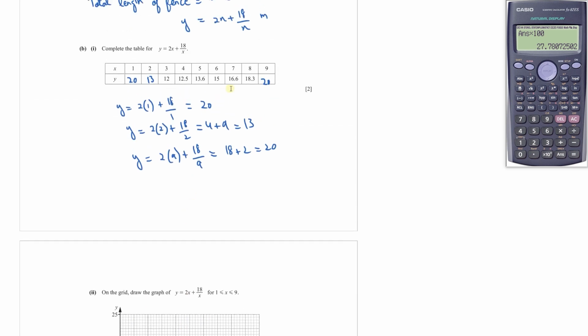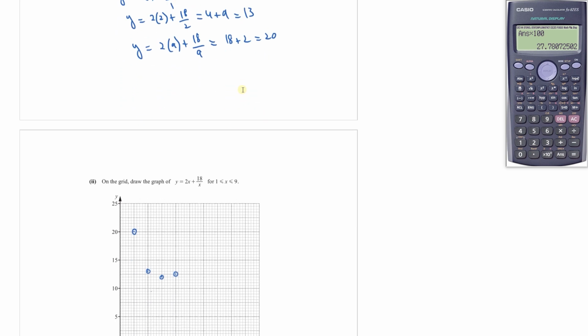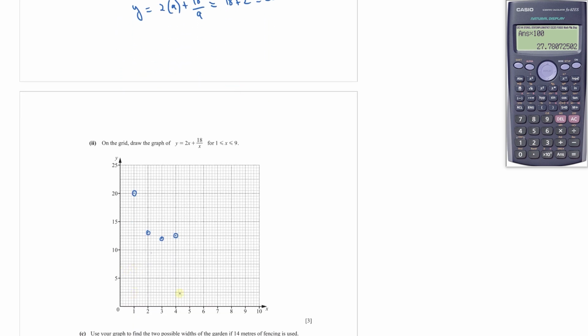Then you have 5 and 13.6. So 5 is here, 15, 14, 13, and 13.5, and 13.6 will be just above this 13.5 value here. So this is 5 and 13.6.